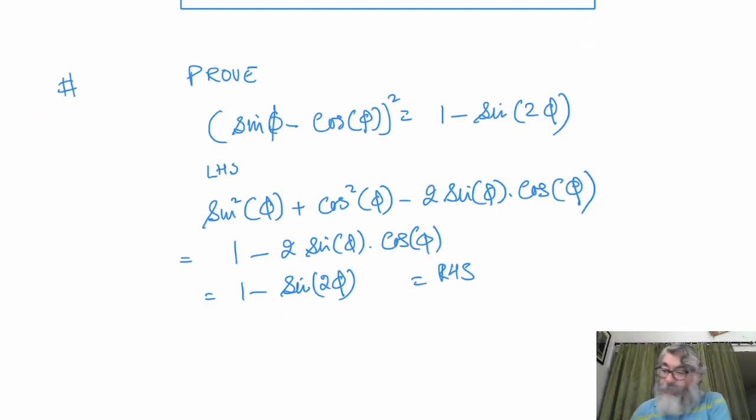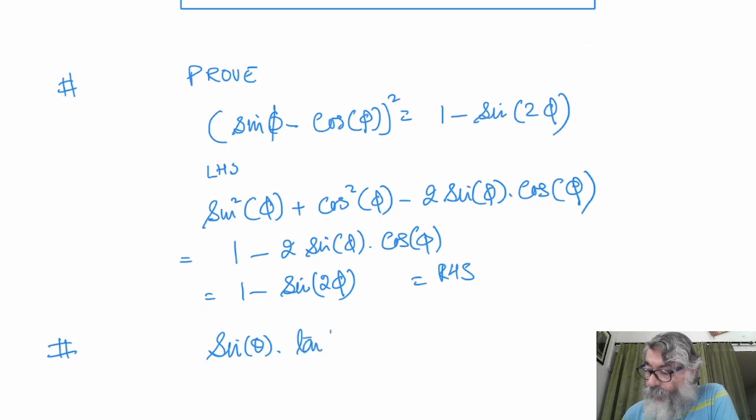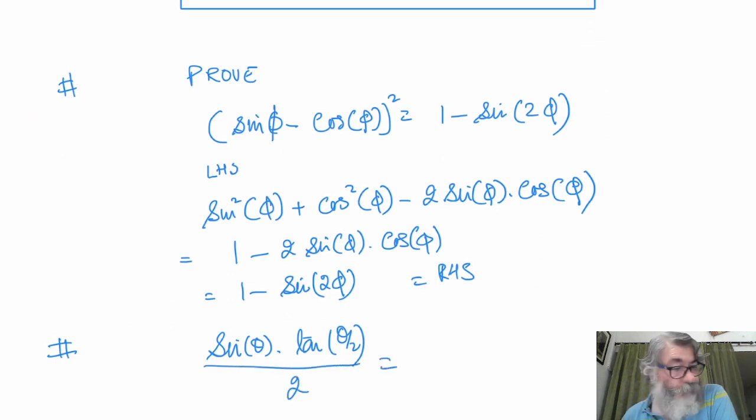Now let us see next question. Next question is sin theta into tan (theta by 2) upon 2 is equal to sin² (theta by 2).